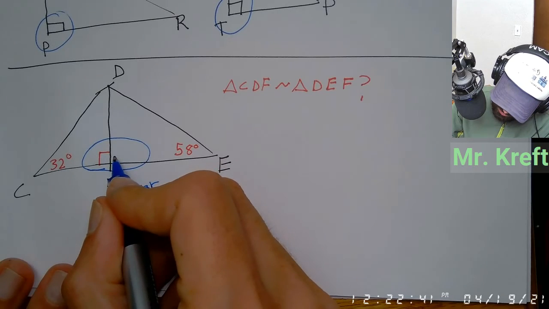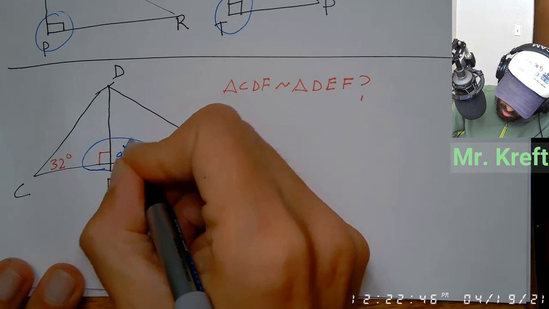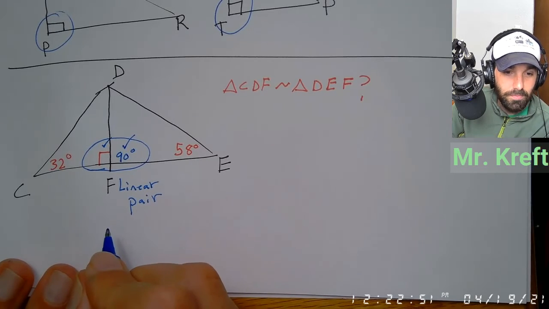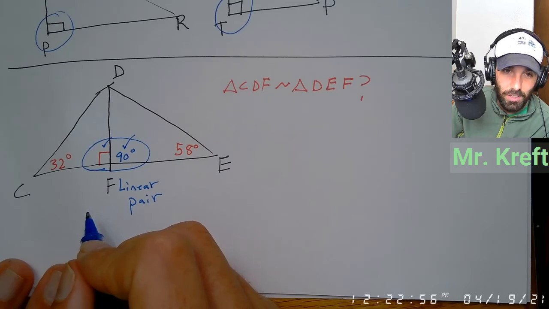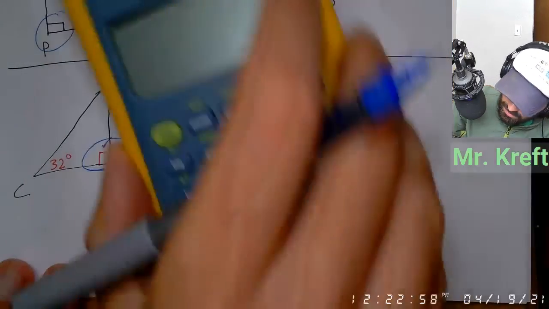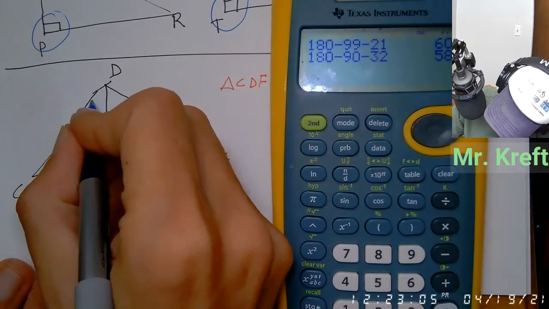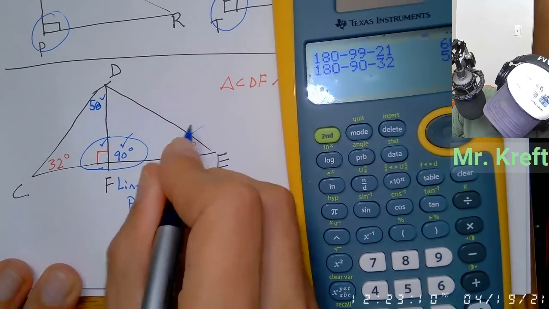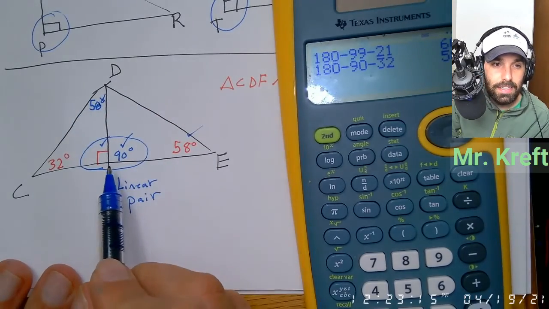So if this is 90 degrees, this has to be 90 degrees, right? So we already have a pair of angles there. So I used a linear pair. And then the angles have to add up to 180, don't they? So I can say 180 minus 90 minus 32 is 58 degrees. Oops, should make an 8 out of that. There we go. Okay. So we have 58, 58, 90, and 90.